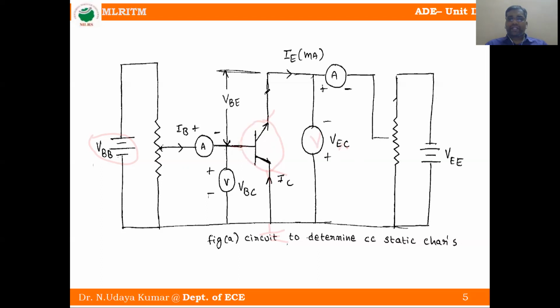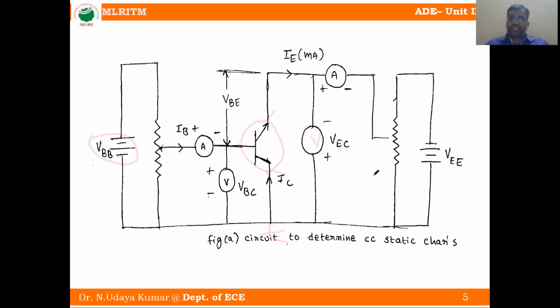The emitter current can be measured using an ammeter, and the emitter and collector junction voltage can be measured using a voltmeter. You can remember one point: in a practical ADE lab, a voltmeter is always connected in parallel and an ammeter is always connected in series.